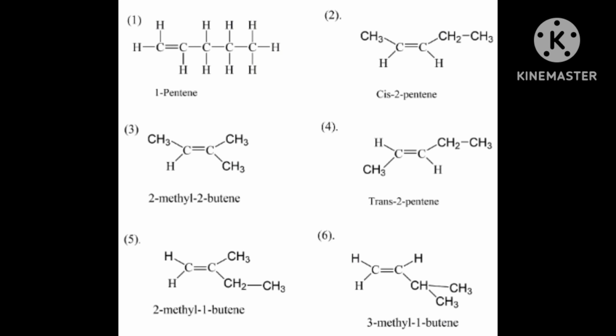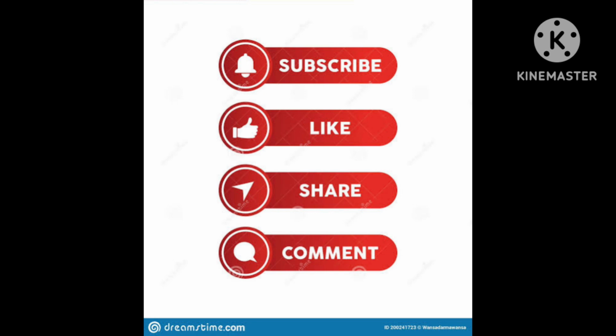A structure first and a structure third, where the third is a branch with a CH3 attached to the middle carbon, are examples of chain isomerism, and second and third is also chain isomerism. But the structures first and second, where the double bond is at carbon 1 and at carbon number 2, are called position isomers.